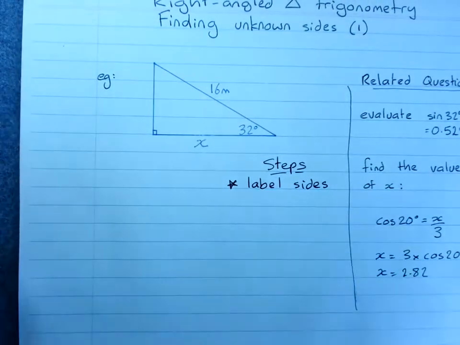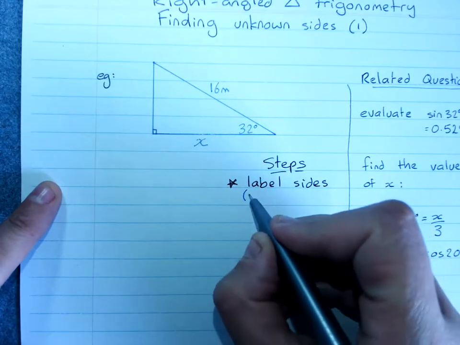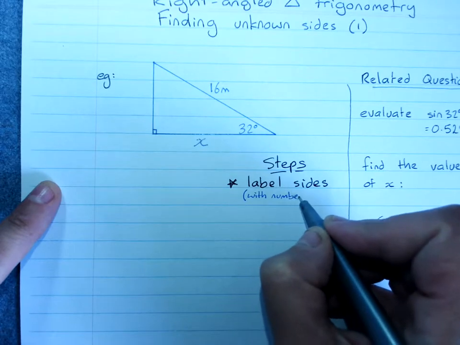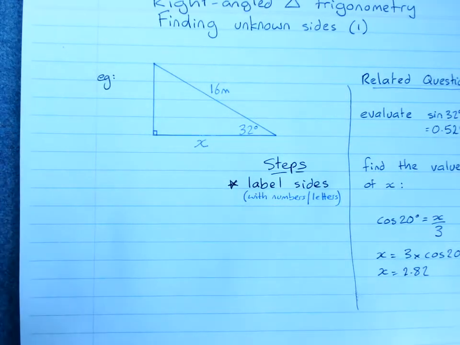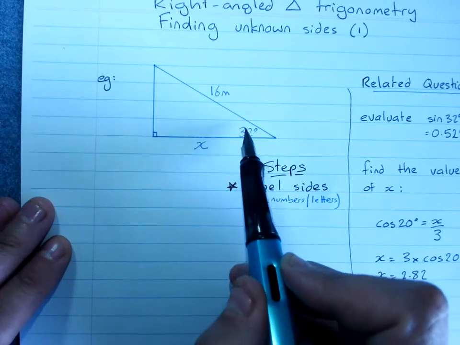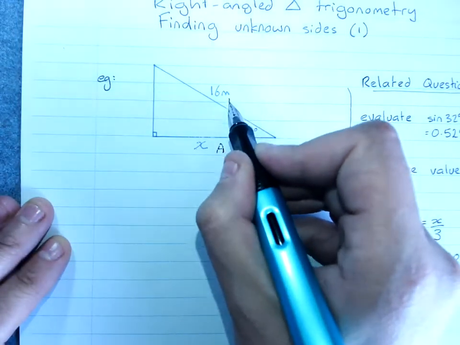Now I recommend only labeling the sides that have something on them, with numbers or letters. So you don't actually need to label all 3 sides if there's nothing on a side. Here's my angle, theta. This is adjacent. This is hypotenuse.